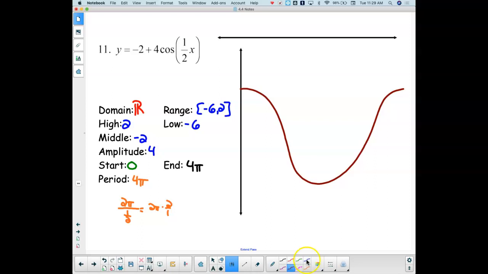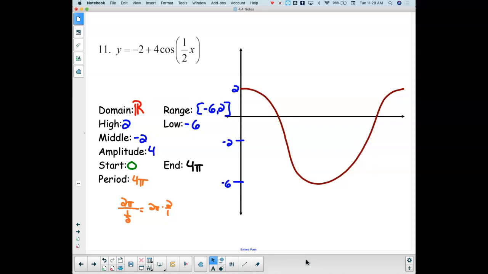Vertically we were at 2, and down here at negative 6, we put our middle at negative 2, which puts my 0 right there. We're going out to 4 pi, so that's pi, 2 pi, 3 pi, 4 pi.